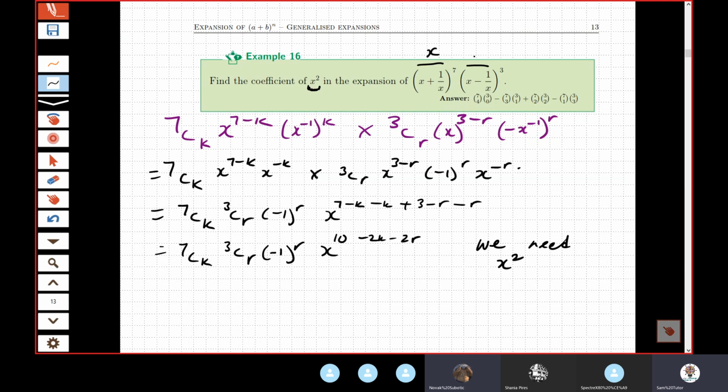I'll give you an example of one. X times x can get me x squared. And then what's another one? X squared and 1. Yeah, right, x squared and a constant. Constant, yes. And then a constant here multiplied by x squared.